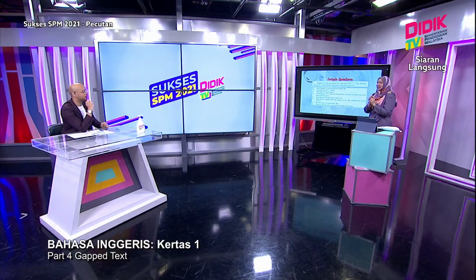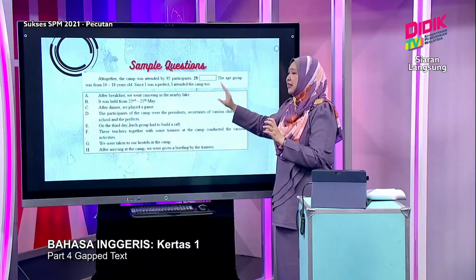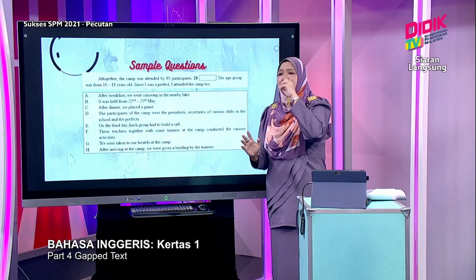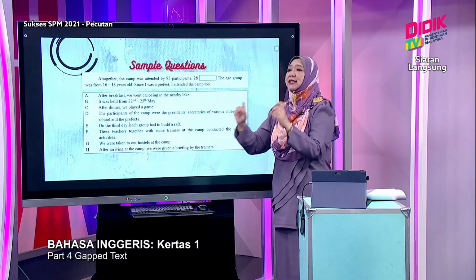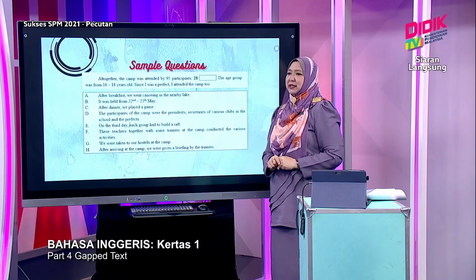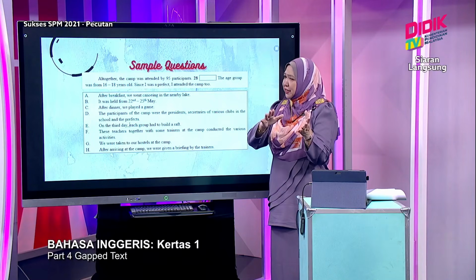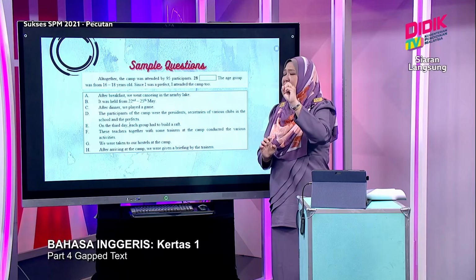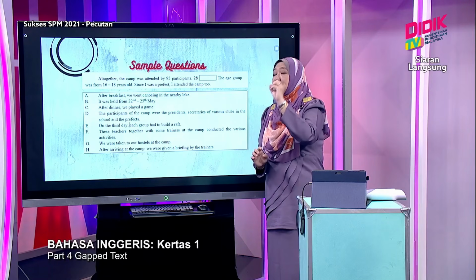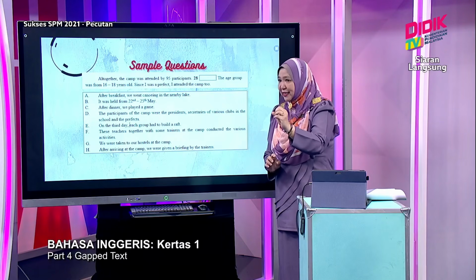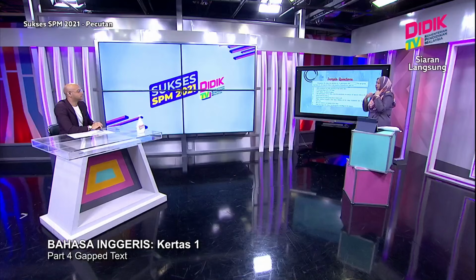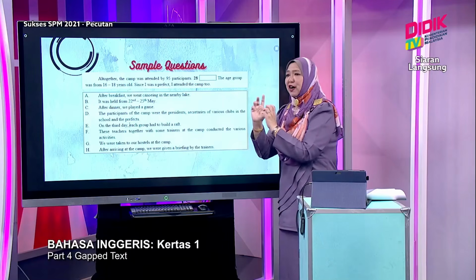Usually in the sentences before and after, there are clues given. Like the one before just now, we have the place, meaning they are going to have the camp at Slim River. Then when we are writing a report, usually after you talk about the place, it is the when. So that is from 22nd to 25th of May.